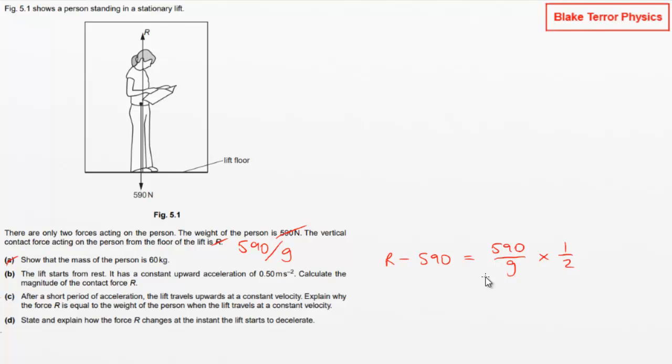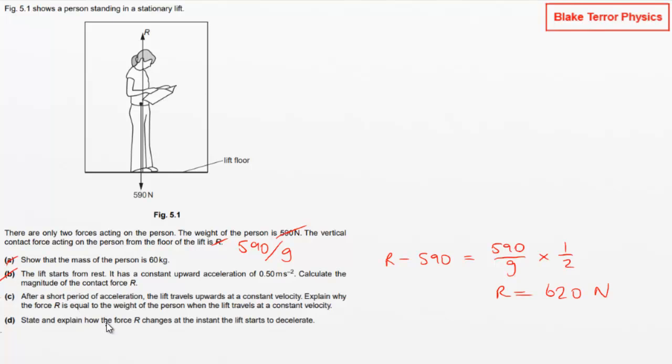I've gone back to the starters because I didn't know how close 60 was in the mass to being correct. I don't want to end up getting double rounding in all of this. Plus 590, so we've got 620 and a little bit. So R is 620 newtons.